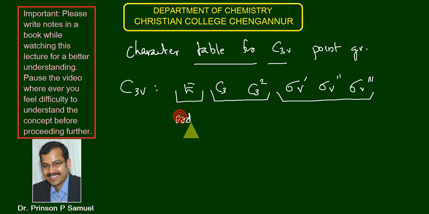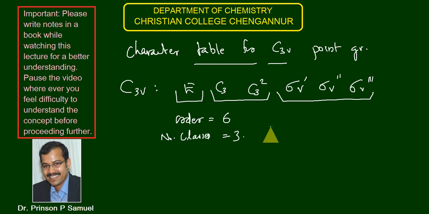The order of the group is equal to the number of elements in the group, that is 1, 2, 3, 4, 5, 6. 6 elements means 6 non-redundant operations. So the order of the group is equal to 6, and the number of classes is equal to 3.